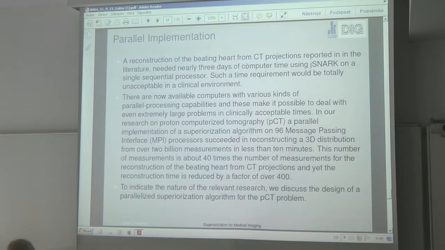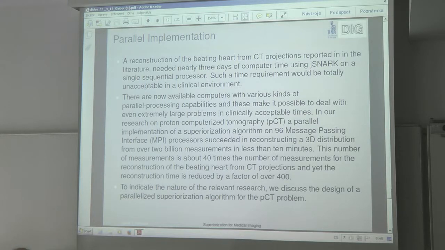I mean, if somebody is having a problem with his heart, you cannot wait 3 days to get the output. So we've been looking into using modern computing equipment to make this more medically reasonable.